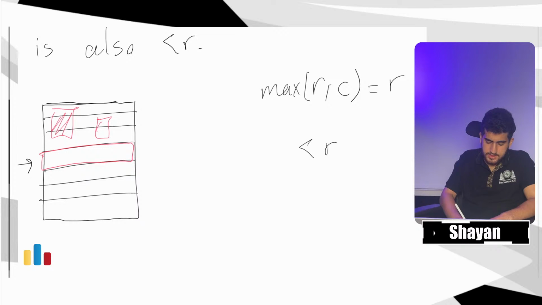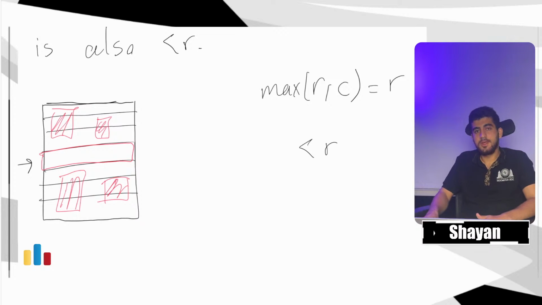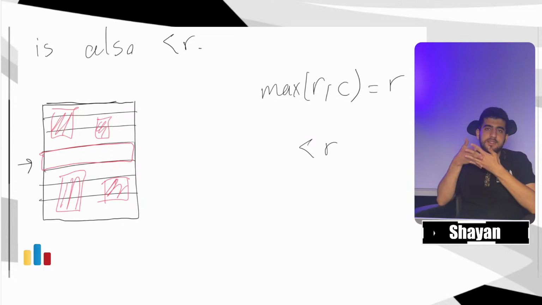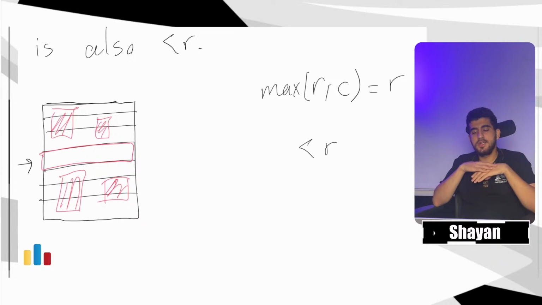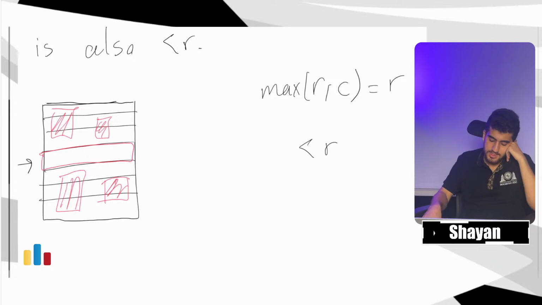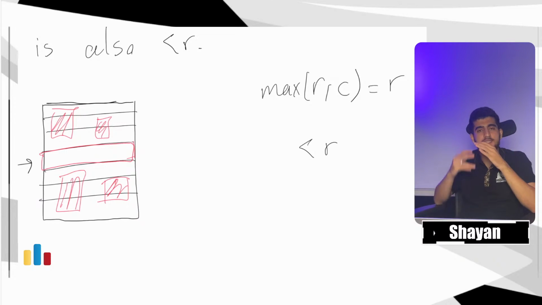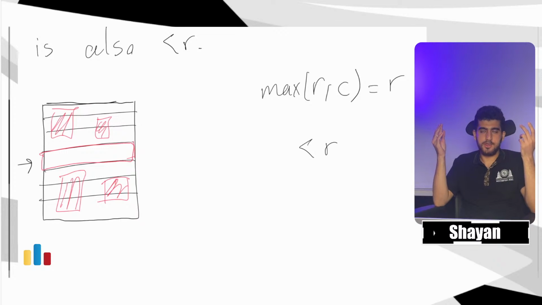If you choose these grids, none of them intersect with this row, because the sum of their heights is less than R. If for each one of them you see how many rows they cover, the sum of these numbers of rows is less than R. So we can be sure that at least one row will not be covered by these subgrids.